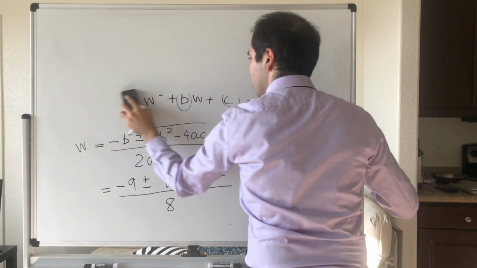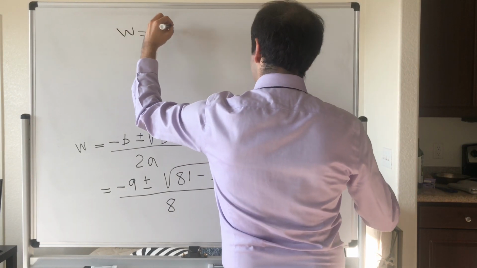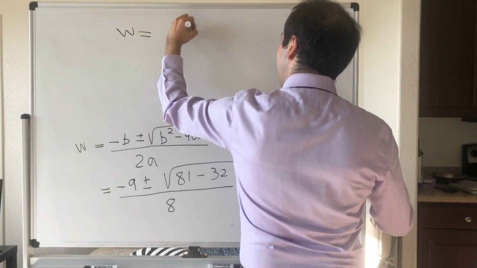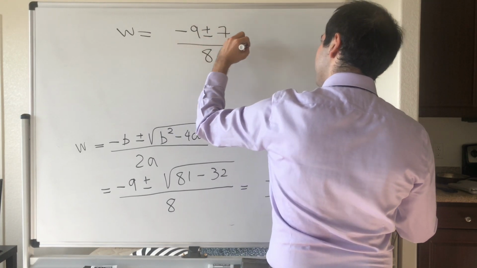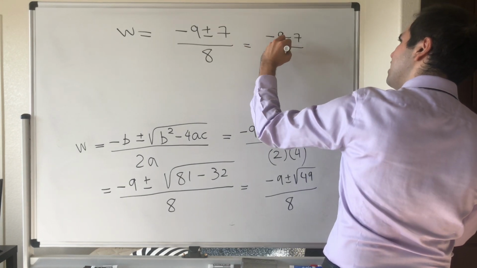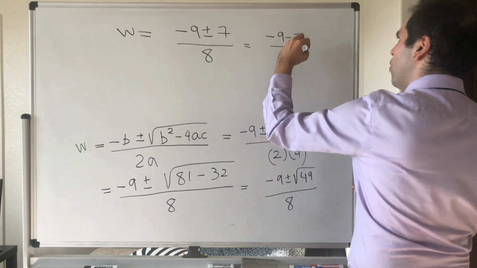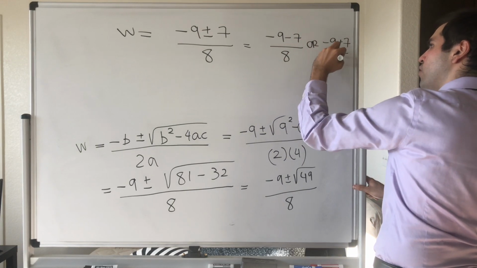So in the end you have W is minus 9 plus or minus 7, over 8. And that becomes either minus 9 minus 7 over 8, or minus 9 plus 7 over 8.